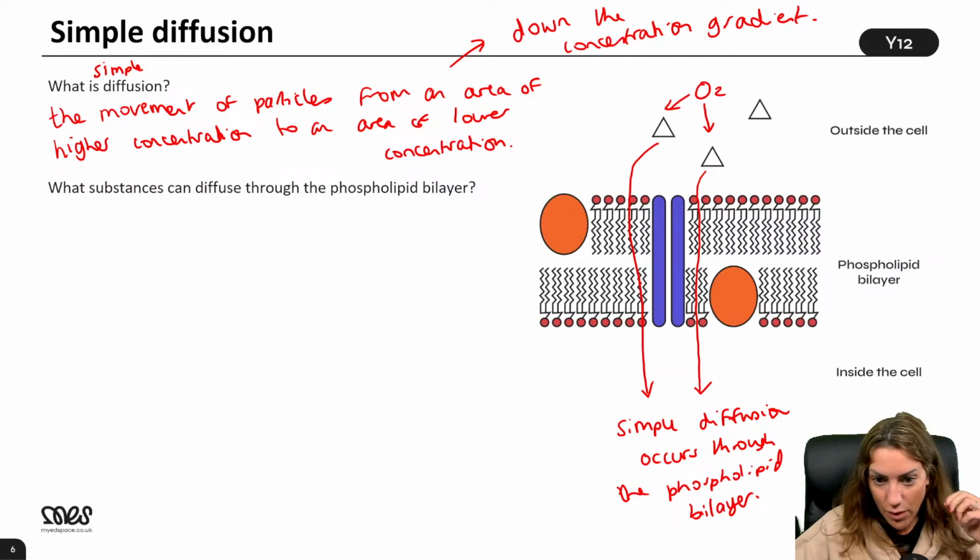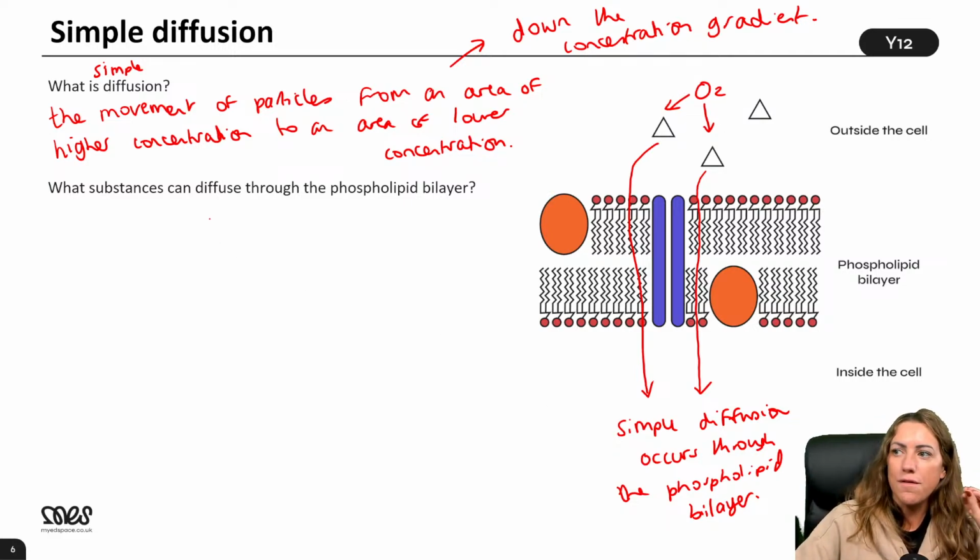Are there glycolipids in this diagram? No, all I can see on this diagram are phospholipids. I can see an intrinsic protein, which is purple, and some extrinsic proteins, which are orange, but I can't see any glycolipids or glycoproteins. I can't see any cholesterol here either, but it would be there. This is just simplified.